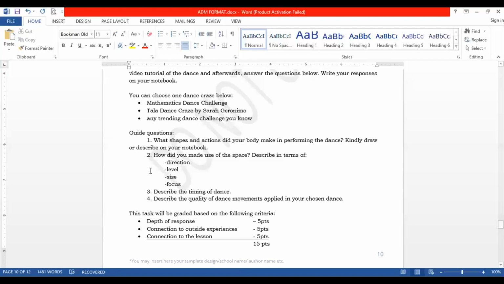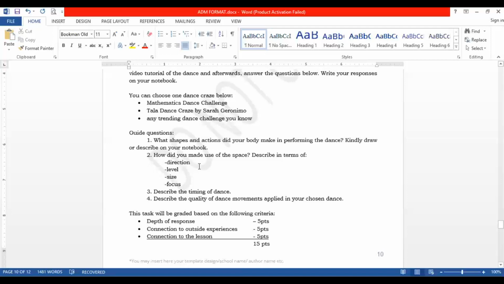Tapos sa guide questions, doon natin sila i-assess. What shapes and actions did your body make in performing the dance? Kindly draw or describe on your notebook. So may mga bata kasi na hindi ganoon kagaling sa writing communication skills. So dito binigyan natin sila ng chance to draw their responses since we are talking about shapes and actions naman.